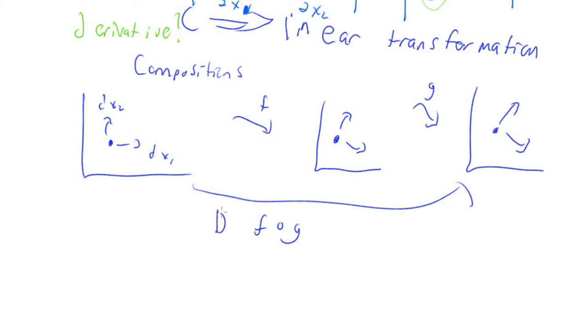If these are functions, what's the derivative of this composition at some point a? Essentially, there's this linearity property, so the derivative of the composition is a composition of derivatives.